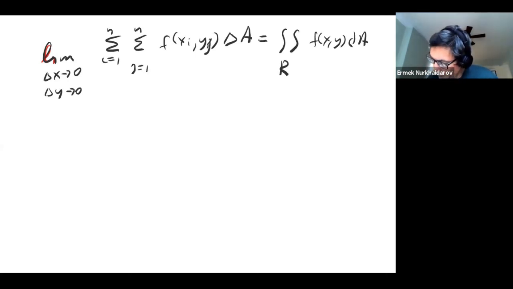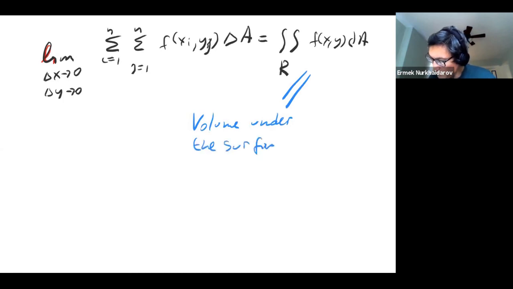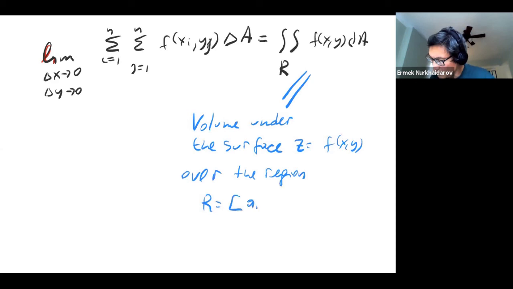And it equals the volume under the surface z equals f of x, y over the region R, which in our case is the rectangle [a, b] times [c, d].